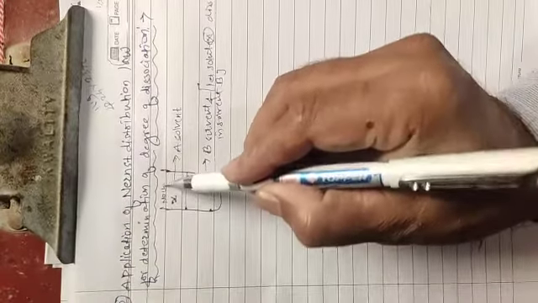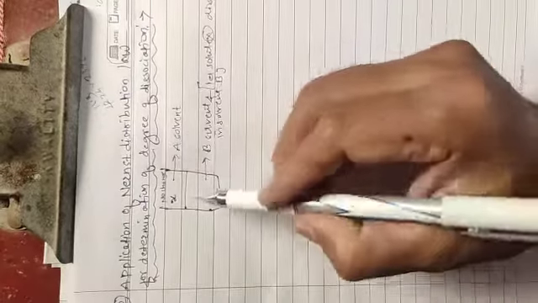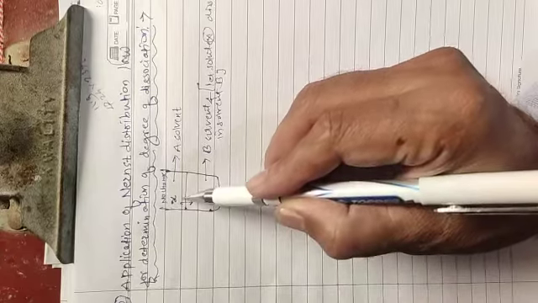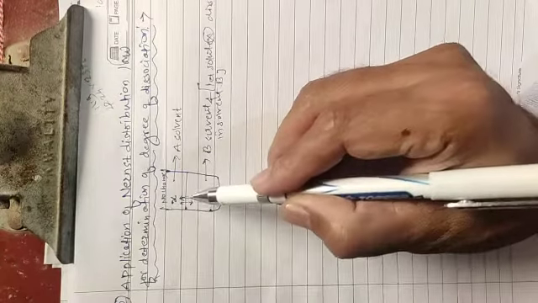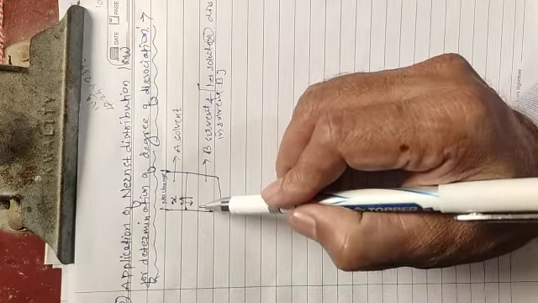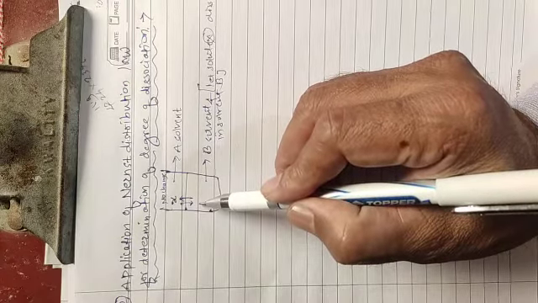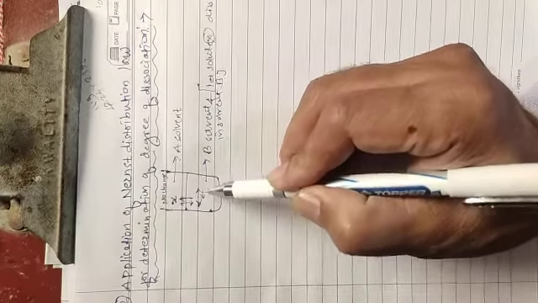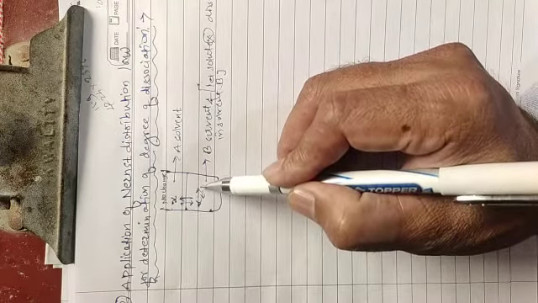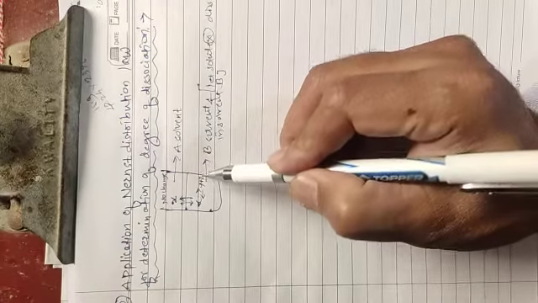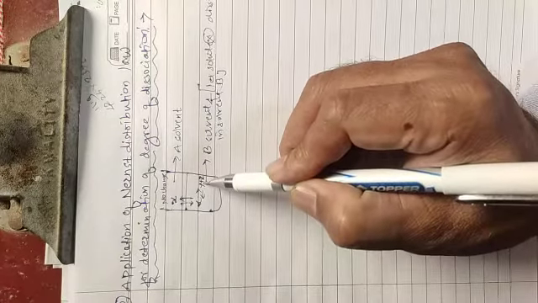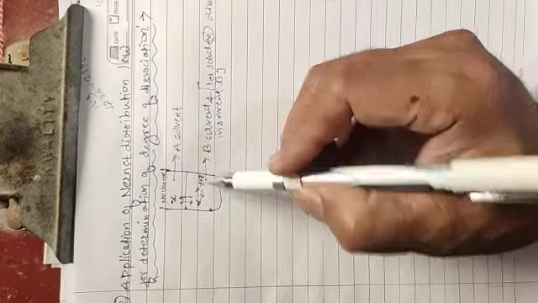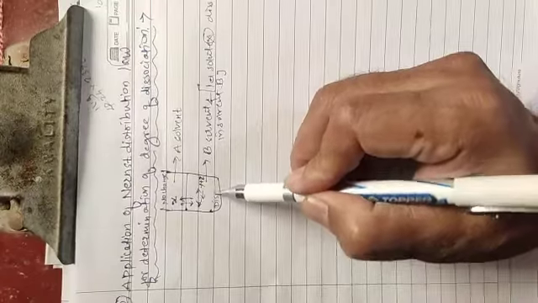In solvent A, this solute X distributes and the equilibrium is established between dissociated and undissociated molecules, but it gets dissociated in solvent B. That's why here X is in equilibrium with Y plus Z. There is a dissociation.